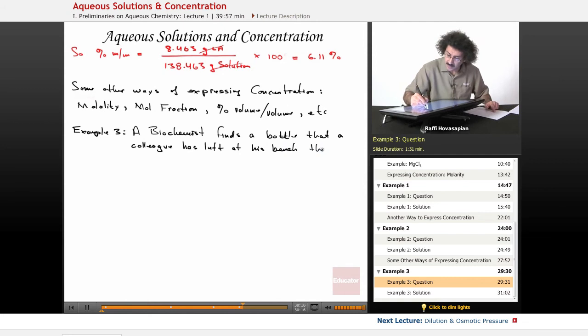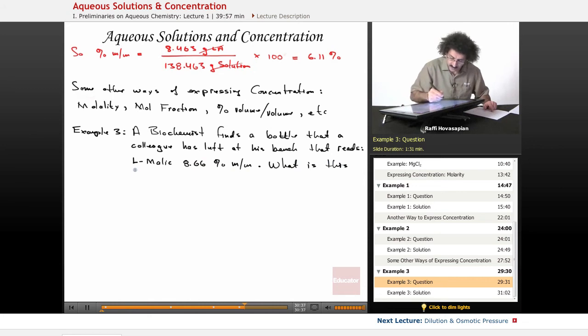That reads L-malic 8.66% mm. Okay. What is this solution's molarity?